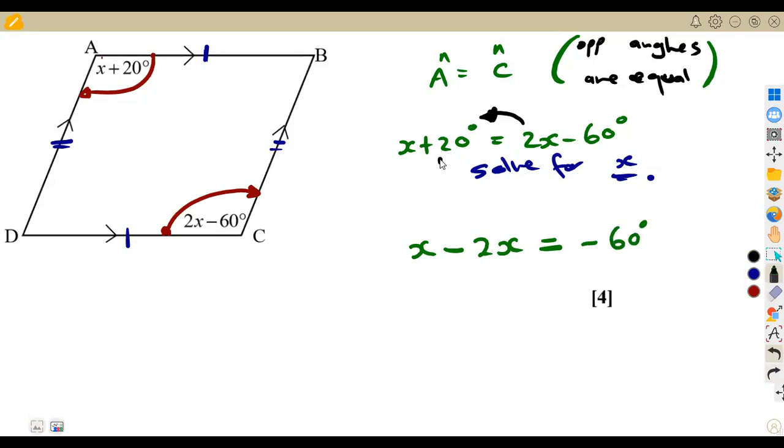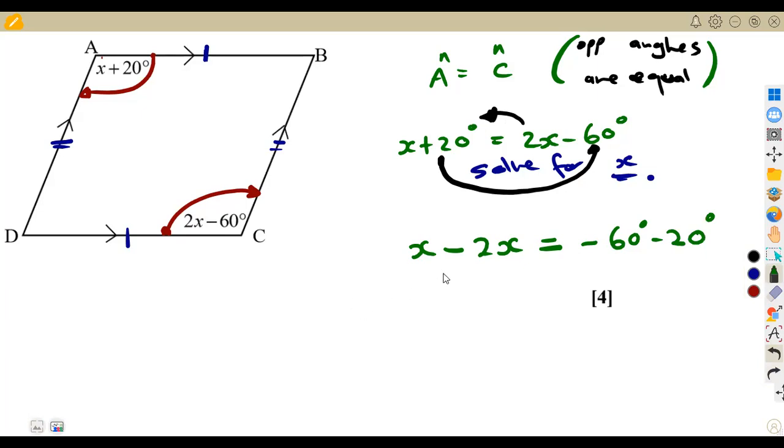We transpose our 20 degrees, which was on the left side, across the equal sign to that side. It was a plus 20 degrees. The moment it crosses the equal sign, it changes the sign. So it's going to be a negative 20. It was a positive, so on the other side, it will be a minus 20.